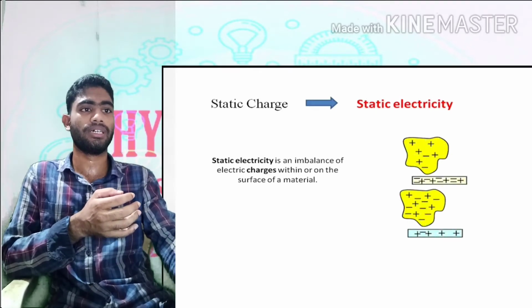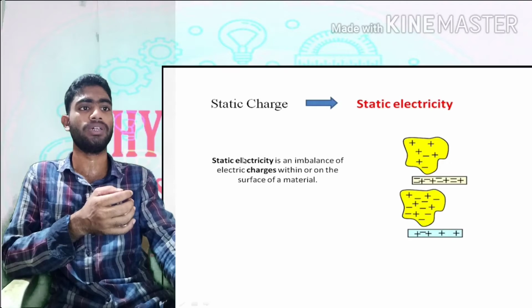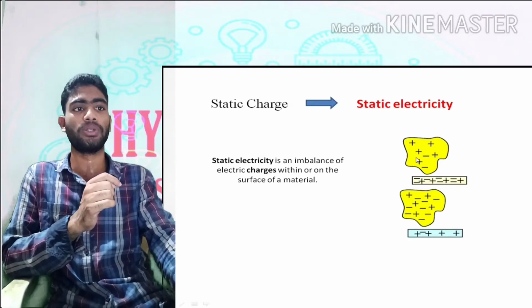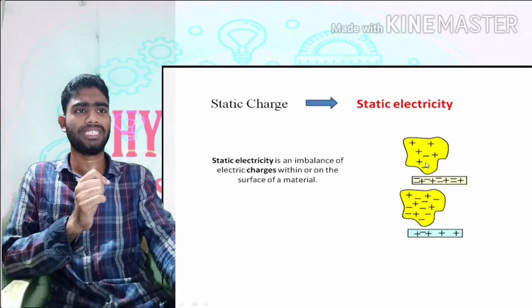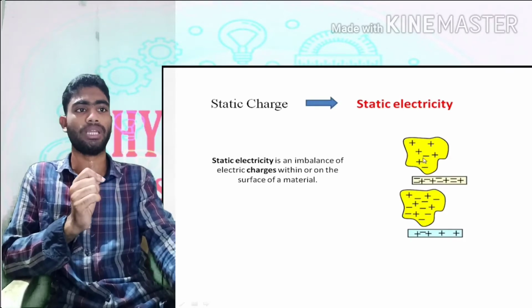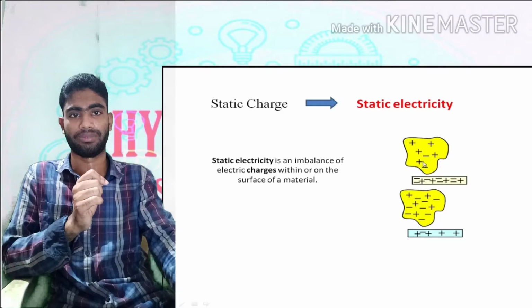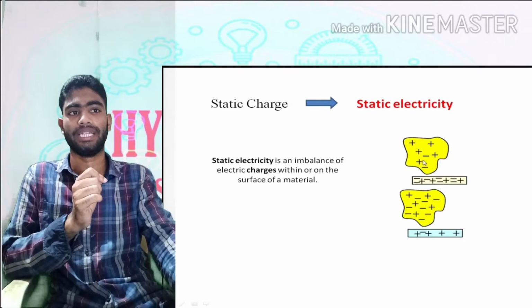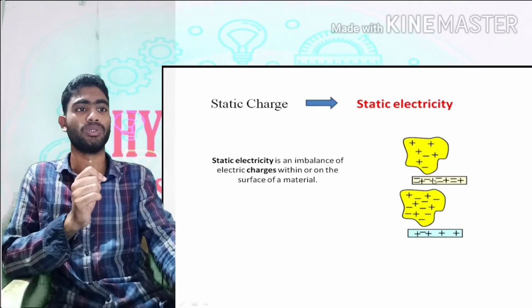Here in the yellow figure, you find there are 5 positive charges and 2 negative charges. This means there is an imbalance between the positive and negative charges. Similarly, here also you can find an imbalance of the charges.